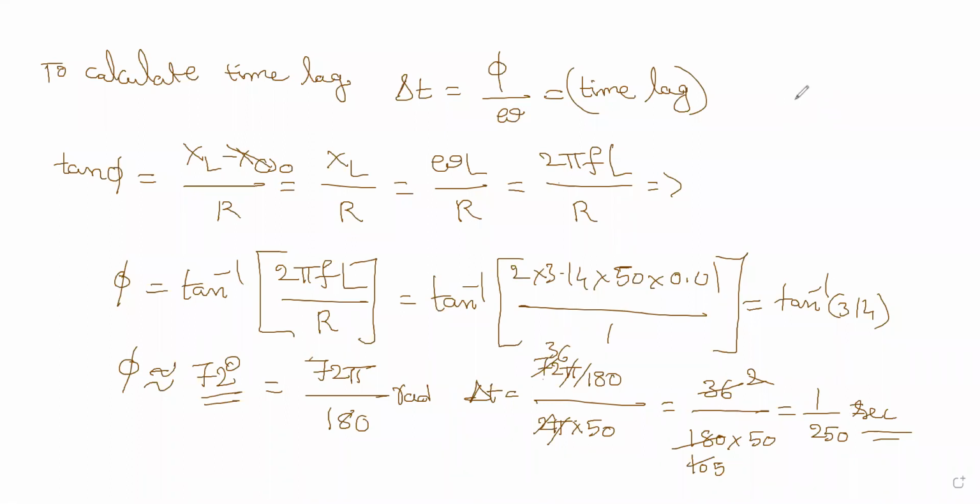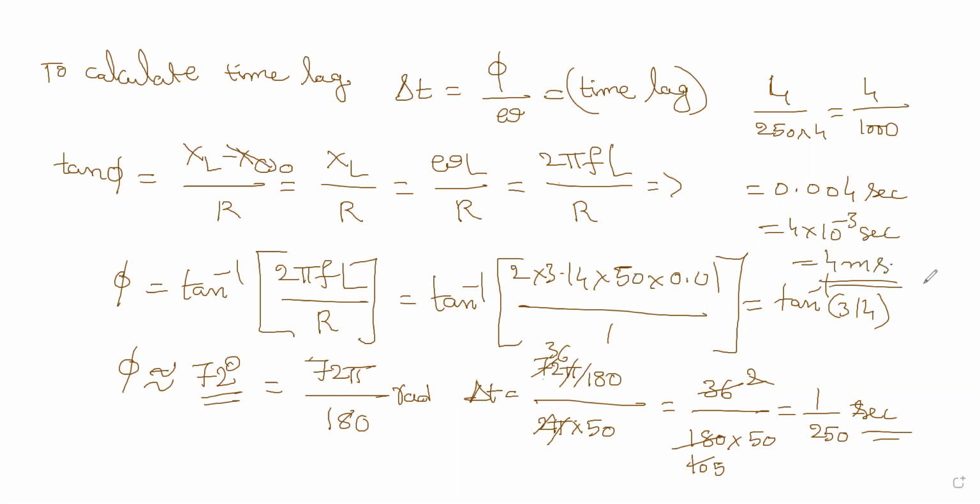Multiply and divide with 4: 250 into 4, our denominator is 1000, and on the top I have 4 by 1000. So it happens to be 0.004 seconds, or you can say 4 into 10 to the power of minus 3 seconds, or 4 milliseconds. This is how you can give the answer.